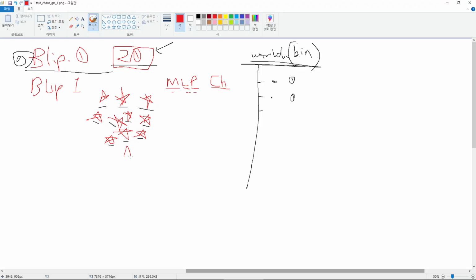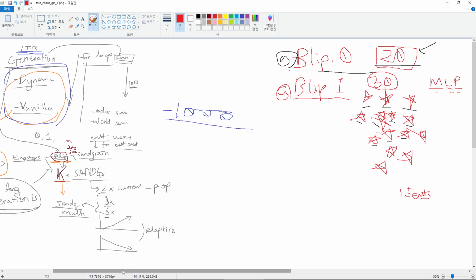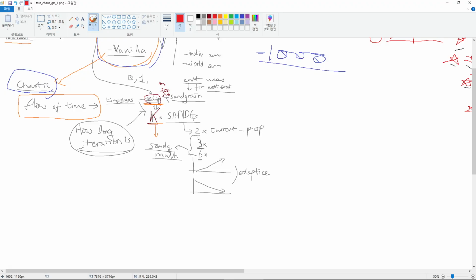And then if there were like 15 entities at the point when the new blip was started, of course some of them could have been struck out or limited out, but I'm not going to care about that right now, then we have, for example, 30 sand grains, if the sand grain multiplier is 2, for example.